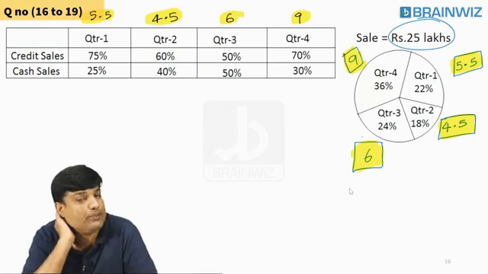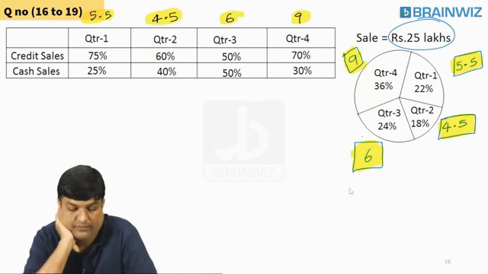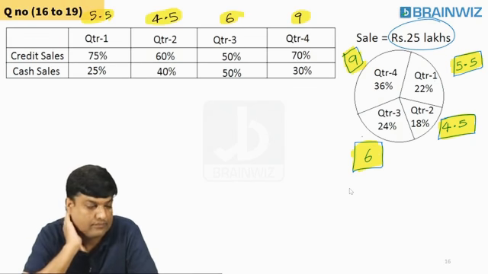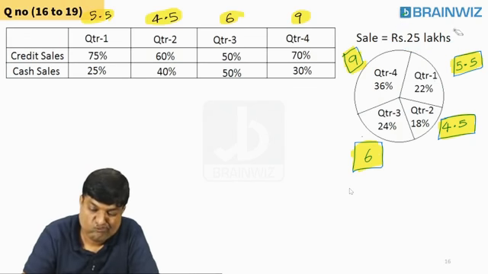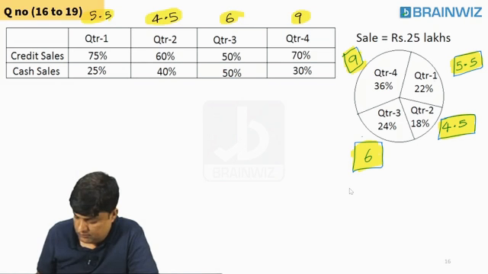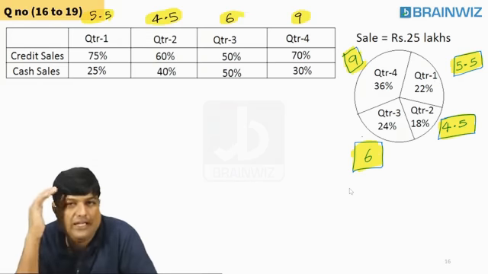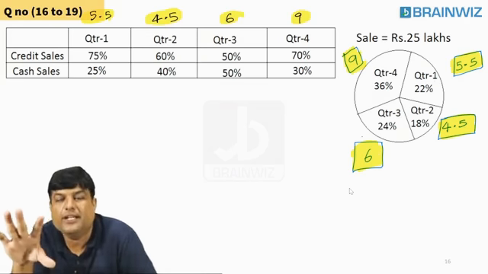In that sales, you are supposed to find out what is the cash percentage. Come on, is it 2.7? Yes. Roughly, we should calculate all these things because we are already done with percentage.